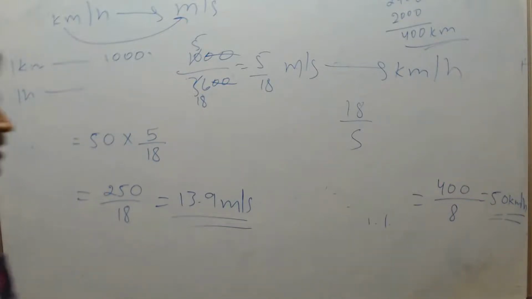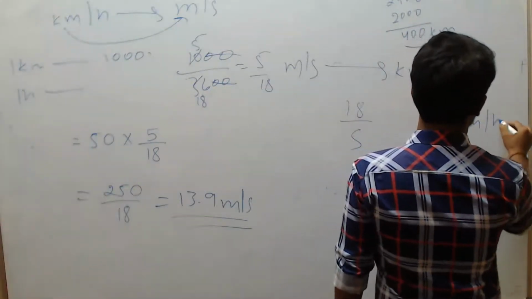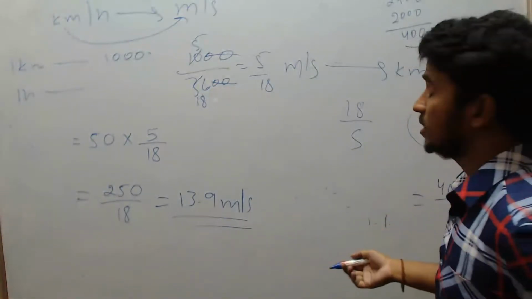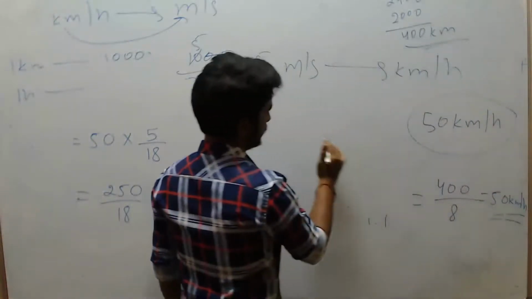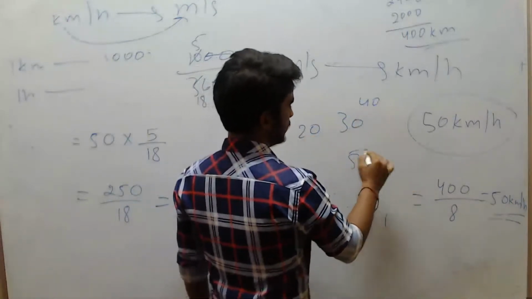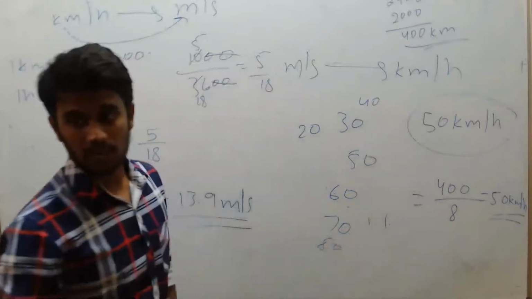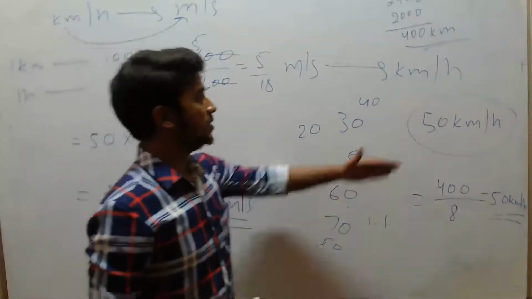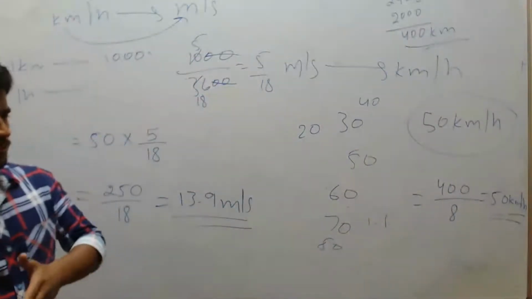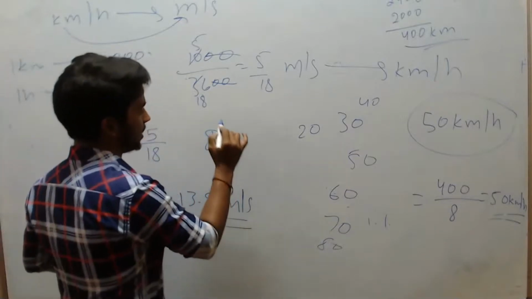Earlier the average speed was 50 kilometer per hour, right? While traveling, the object may have traveled at speeds like 20, then 30, then 40, then 50, then 60, then 70, then 80, we don't know. But the average speed is 50. The object changed its speed many times during the 8 hours.